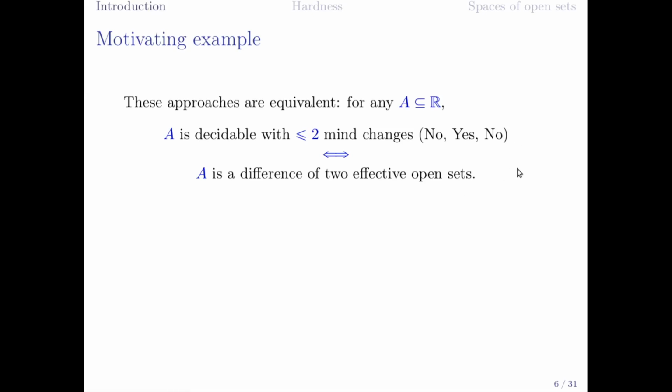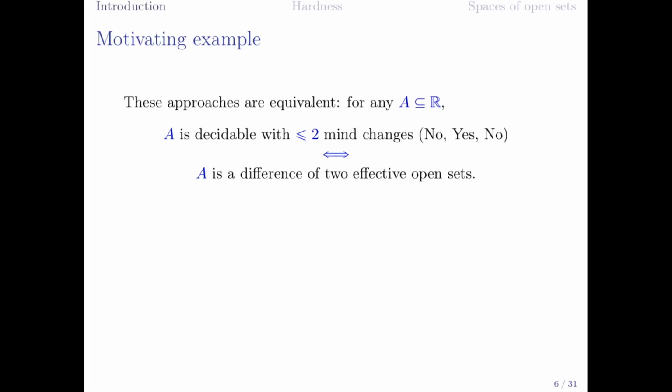So the algorithmic and topological viewpoints are equivalent on the real numbers. Now let's rephrase the algorithm formulation, because algorithms don't take real numbers, they take names, encodings of real numbers, as input. So what's the algorithmic complexity of the set?